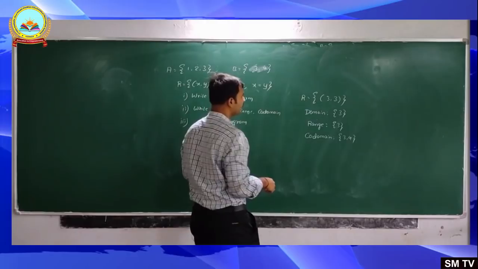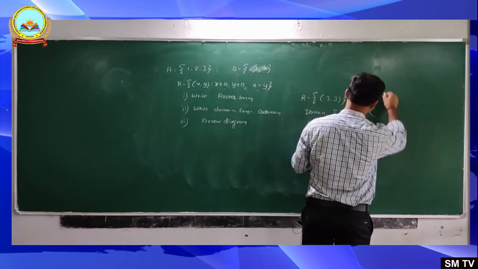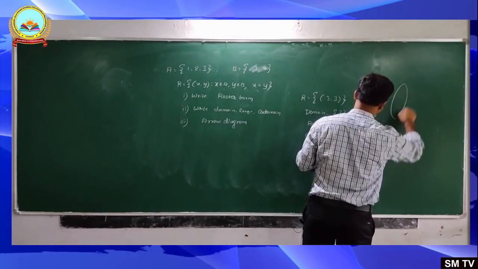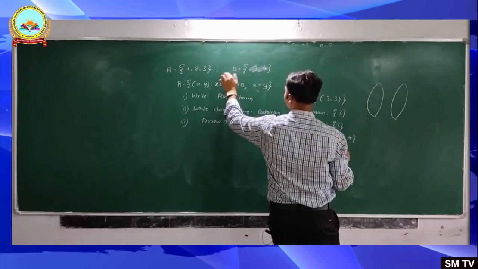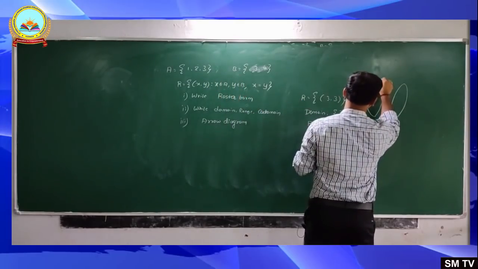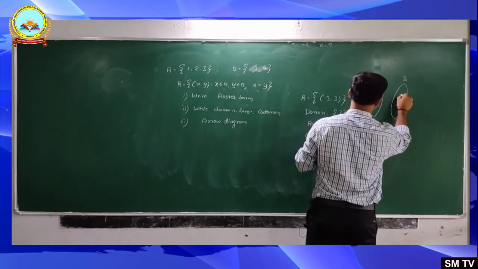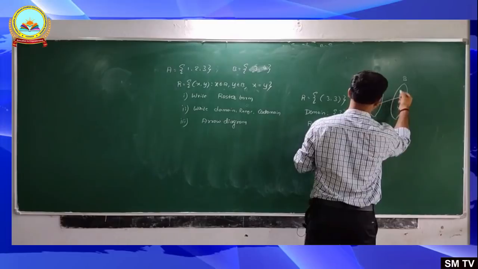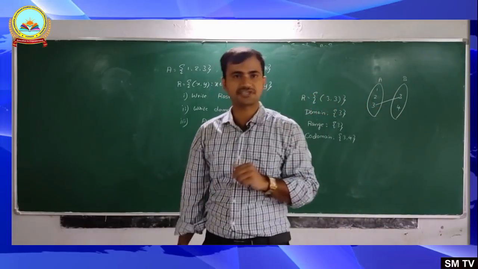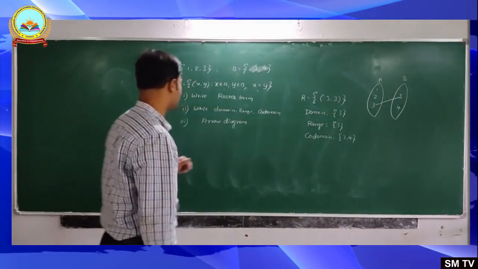And the arrow diagram representation will be 1, 2, 3. Here it is A, here it is B. 1, 2, 3 and 3, 4. Therefore, this is the arrow diagram representation of this particular relation.